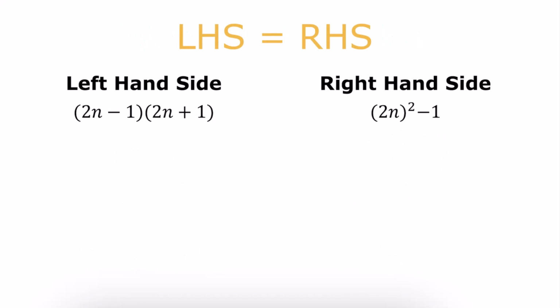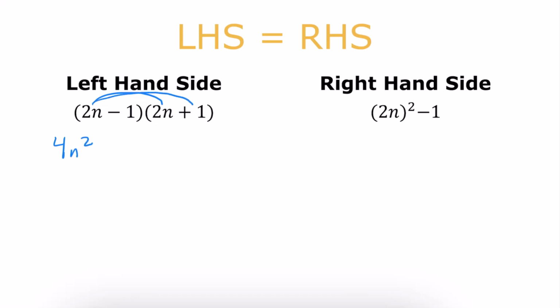So this is where the algebra that we talked about in the last video comes in. Because the way that you show that these two things are equal is you simplify the left-hand side and the right-hand side until the expressions are equal to each other. So to simplify the left-hand side, we can use the foiling process, or the process of multiplying expressions. I can distribute the 2n to the 2n, which gives 4n squared.